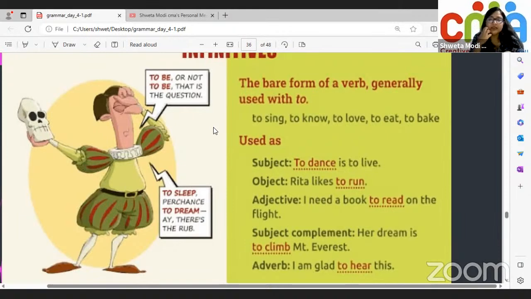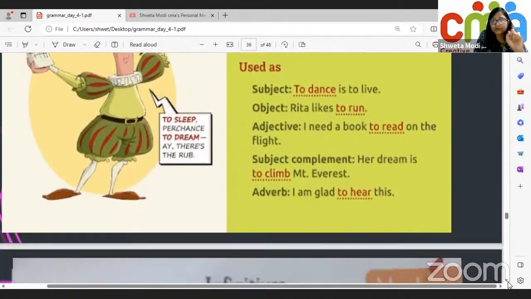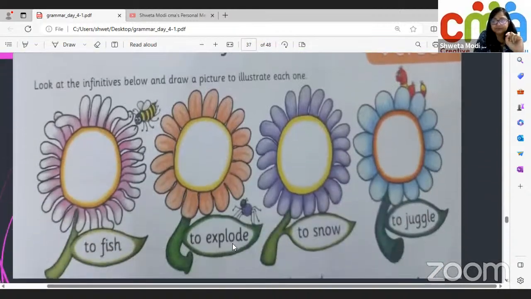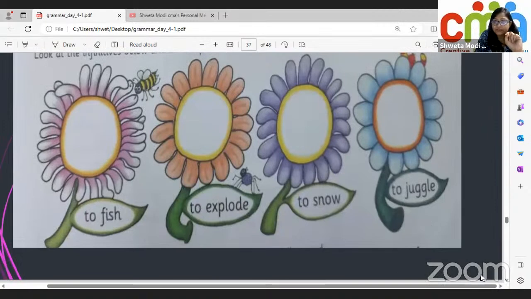But just remember, it is not happening at that time. It's something additional. So it can be an adjective, a subject, an object, a subject complement, or an adverb with to. So we call it infinitive. Now it will be more clear when you read. So the children, they have to illustrate this.